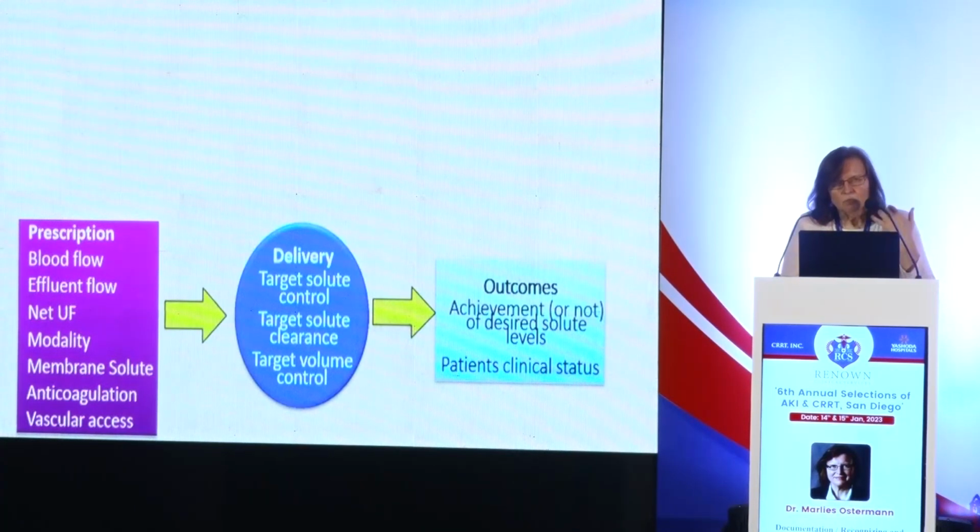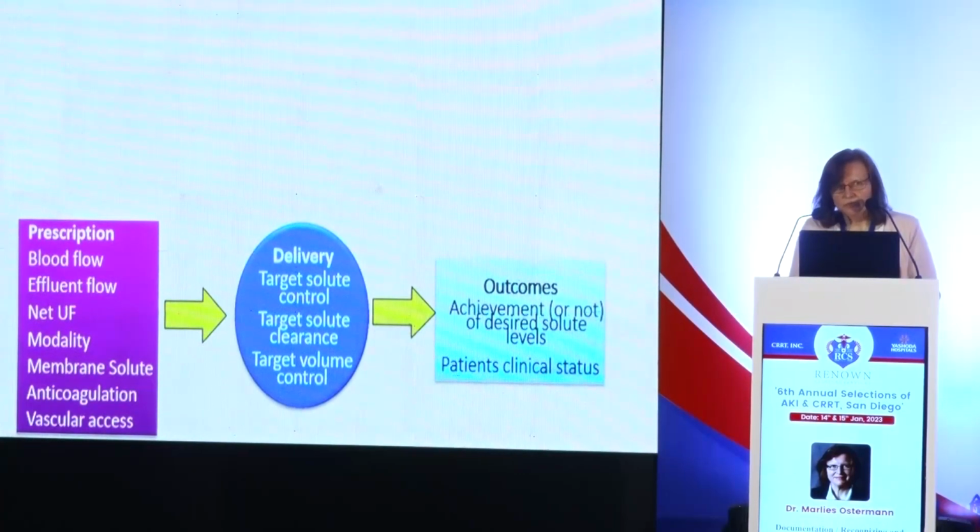And then we usually give the nurses some targets, related to clearance, to dosing, to fluid removal. And at some point in clinical practice, on the daily ward round or at the end of the day, we look to see whether the outcomes have been achieved.